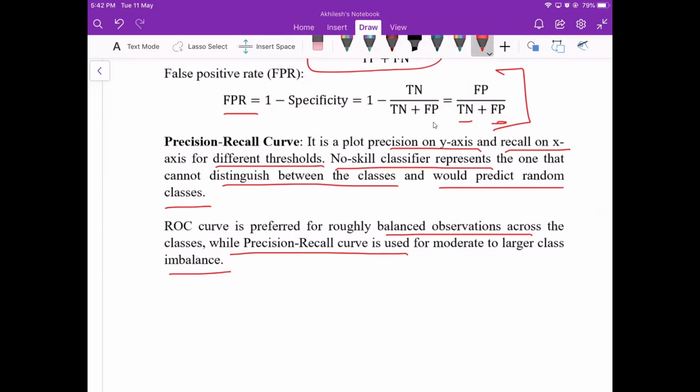There are other metrics as well, such as kappa, Cohen's kappa, and the other one is the MCC. All that is already implemented, or you can write your own custom metric for evaluation.